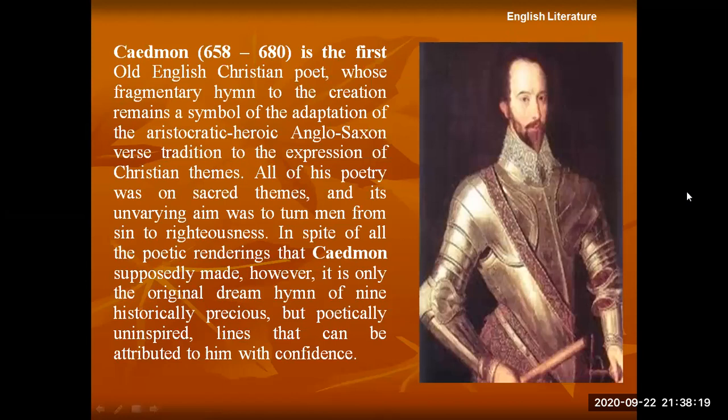Caedmon is the first Old English Christian poet whose fragmentary hymn to the creation remains a symbol of the adaptation of the aristocratic heroic Anglo-Saxon verse tradition to the expression of Christian themes. All of his poetry was on sacred themes, and its unvarying aim was to turn man from sin to righteousness.